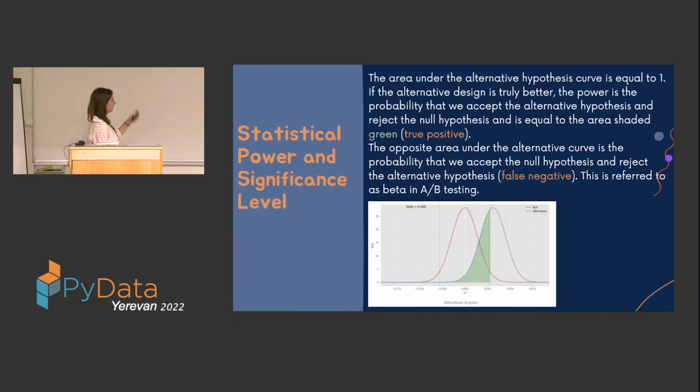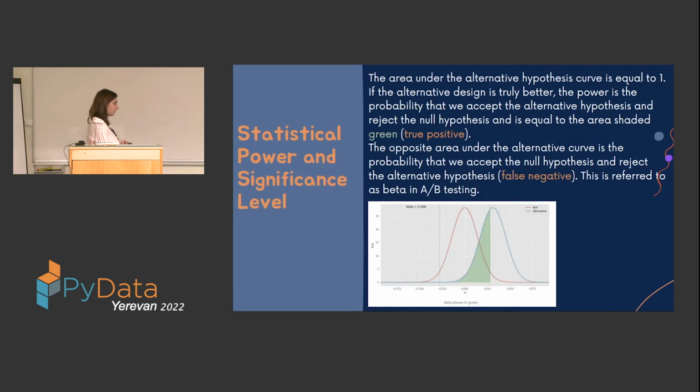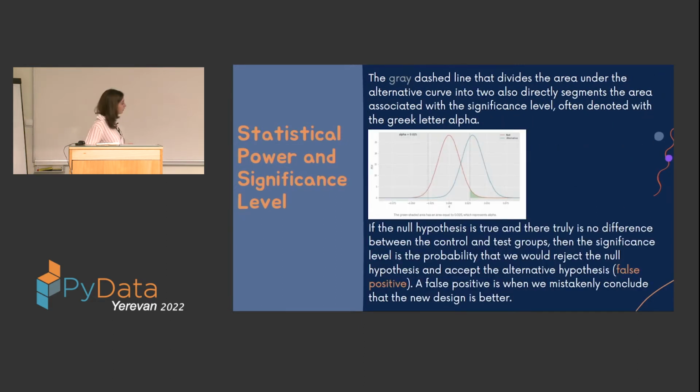If we go a bit further, this part that goes to the left of the dashed line, but is also under the alternative hypothesis, shows the ratio at which we accept the alternative hypothesis and reject the null. This one shows how confident we are in accepting the alternative hypothesis.